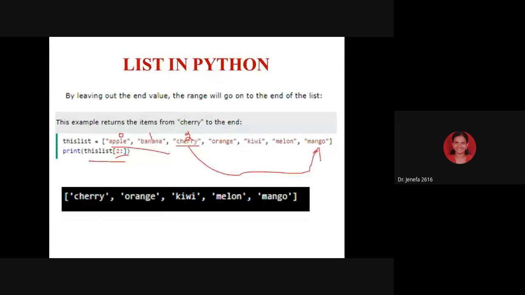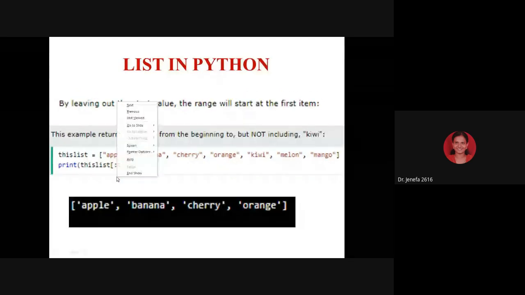This example is for the final value which is not given inside the range of indexes. If the final value is given, it should be printed like final value minus 1. In this example, they have given the final value, but they have not given the initial value.